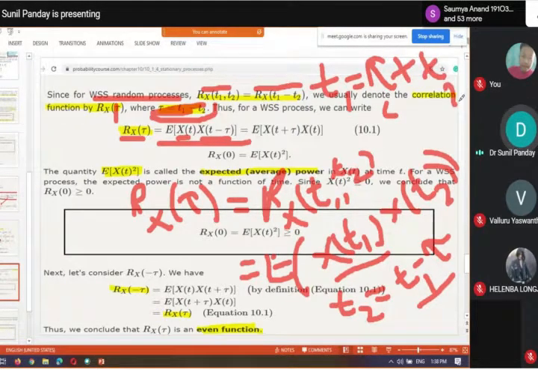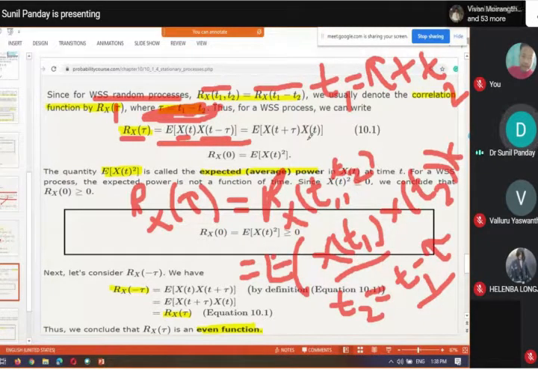From here again you can write t1 equals t plus tau. So in this definition you replace t1 by t plus tau and keep t2 as it is, and then you replace t2 by t.